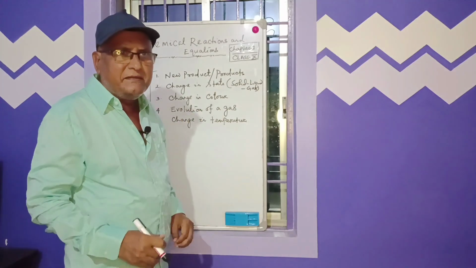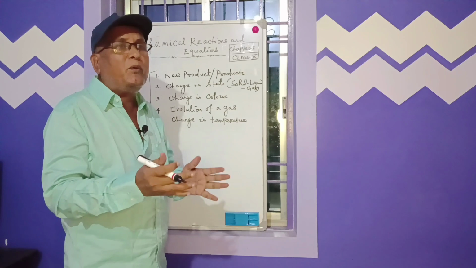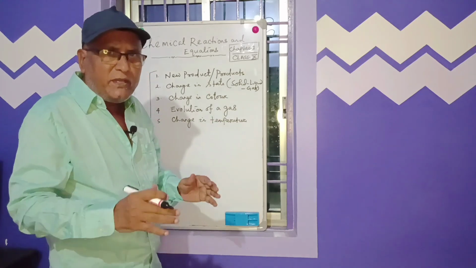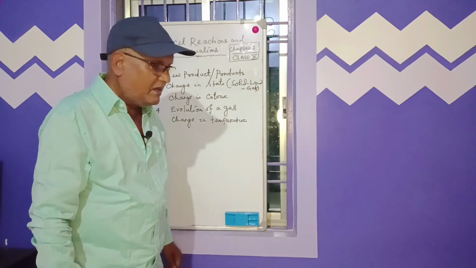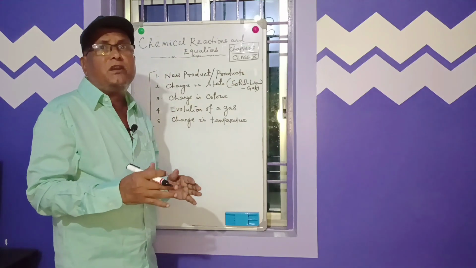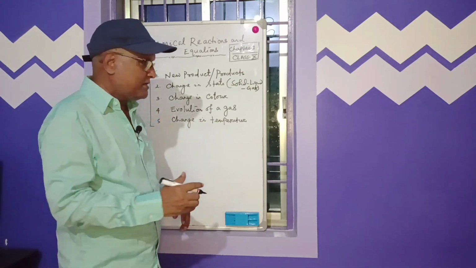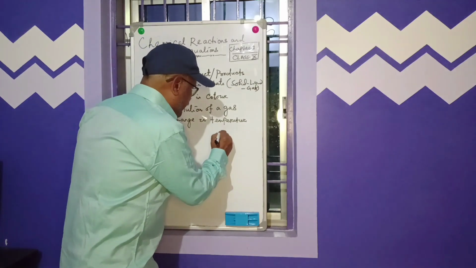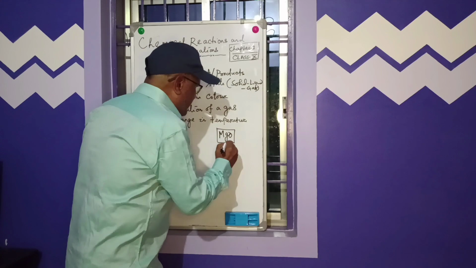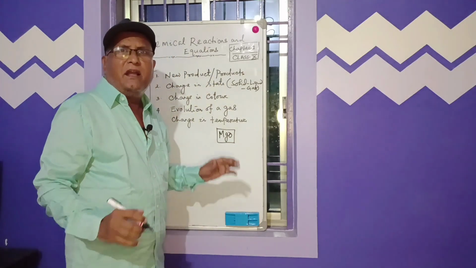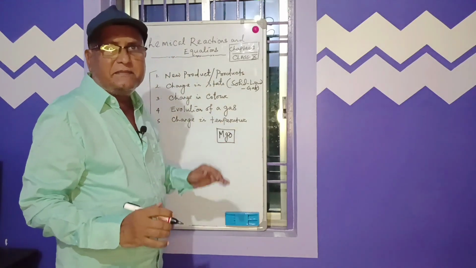A dazzling light and formation of a white powder. And we can collect that powder, that ash, in a dish. That powder is called a new product, a new substance. It is called magnesium oxide, MgO. Its color is white. It is a metal oxide.